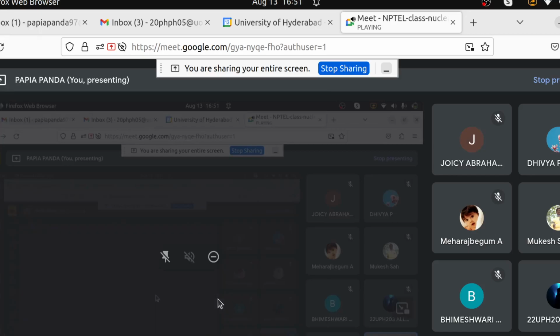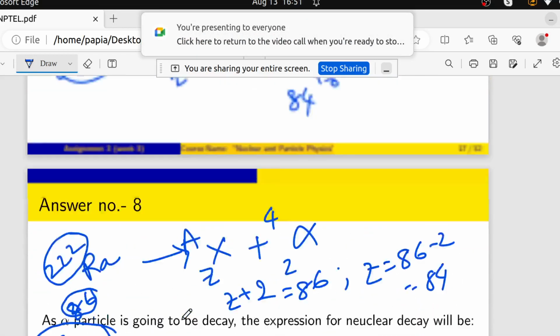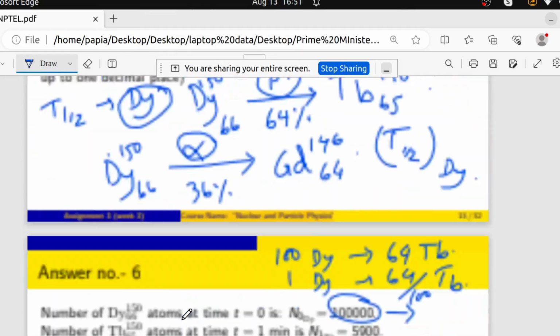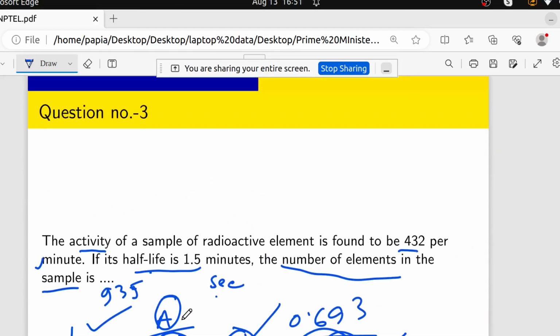Is the third one also regarding the parent nucleus? Let me see the third one. The activity of a sample is given, and we need the number of elements in the sample.